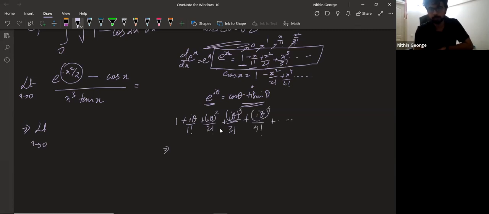You can split it into real part and imaginary part. The real part will be 1, this i squared is minus 1, so this becomes minus theta squared by 2 factorial, this is i power 4, so that is 1, and so on.